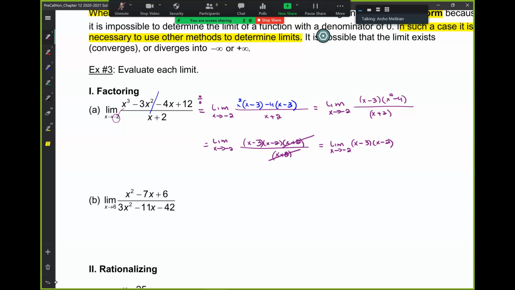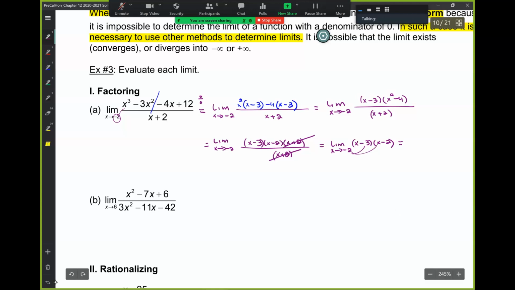When you plug in the -2, the limit symbols disappear. The plus 2 is canceled. The x minus 2 is here. Yeah? So now we get -5 times -4. This is equal to 20. And that's the limit. Okay?